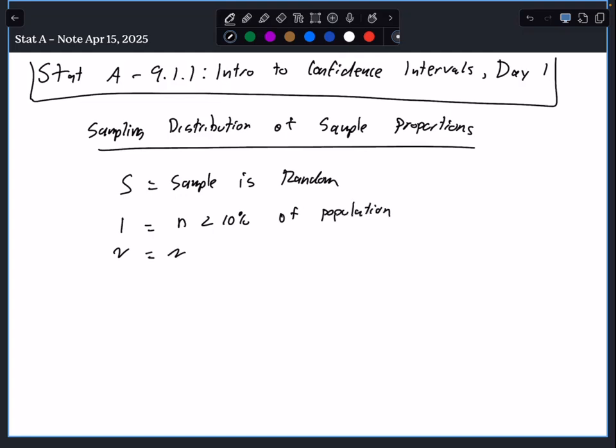And then we want a normality check, which is the successes and failures, or in proportion, sorry, N times P should be at least 10, and N times 1 minus P should also be at least 10.